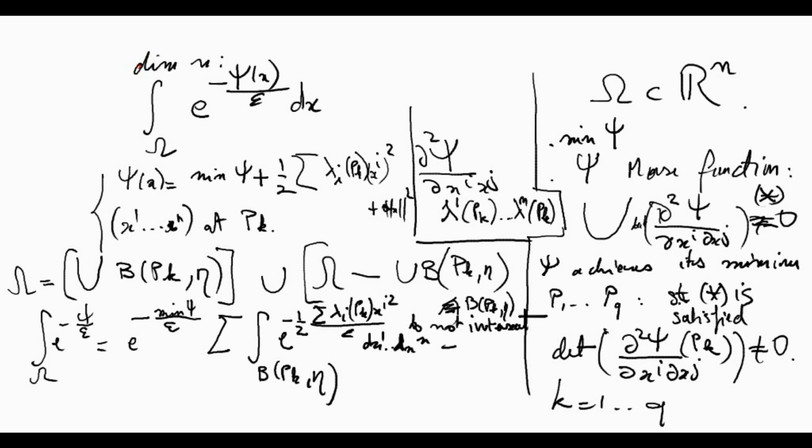plus a term that we have seen, the same as in dimension 1, which is exponentially small in epsilon. There is a constant here. So now let's focus on the first term.